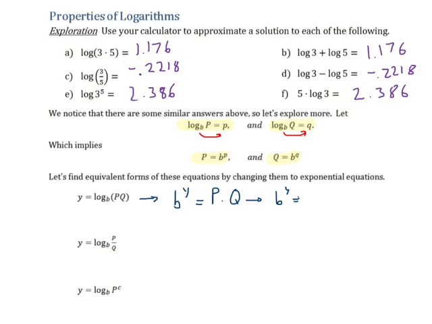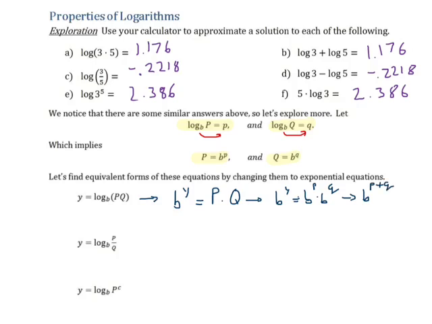So let's substitute b to the little p times b to the little q. But we know that when we are multiplying with the same base, we add the exponents. So this is just b to the p plus q.